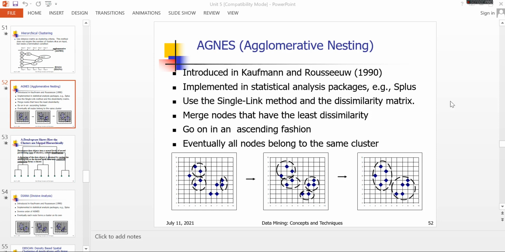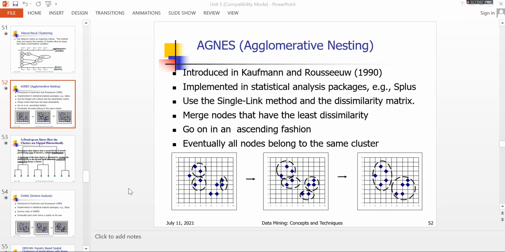Next, these 2 clusters are combined as one cluster, these 2 clusters are combined as one cluster. In that way, based on the similarity, you are combining the data. These 2 clusters combined, so finally it forms 2 clusters, that is agglomerative nesting. One cluster within another cluster, that is nesting. Nesting is one within another, right?